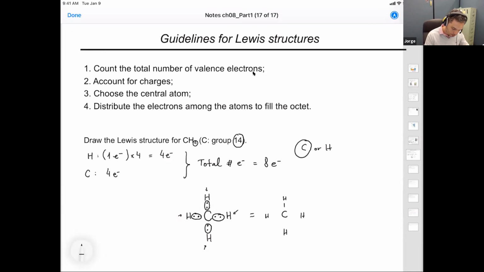Then 1, 2, 3, and 4. When there is only one single trace, we call that a single bond. Therefore, each hydrogen is making one single bond with carbon, and the carbon atom is making 4 single bonds in total.